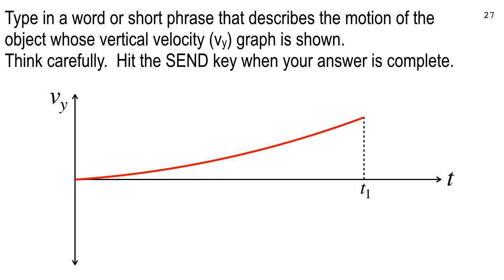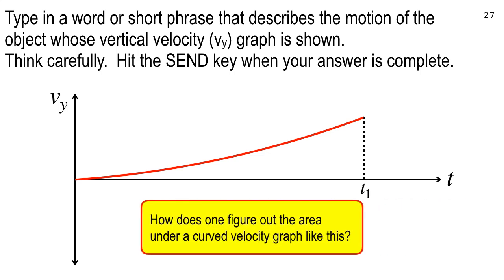But the one thing that you have to remember is on this one, it's curved. There's a curve to it. So make a note of that. Try to draw a sketch of this. And here's what Hidden Figures was about. How do you figure out the area for this?